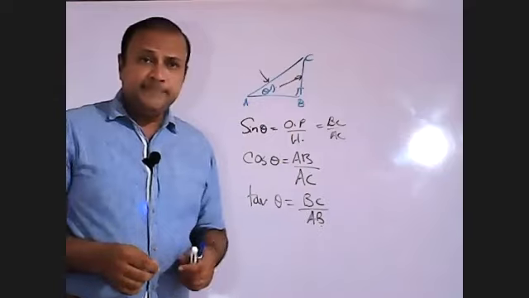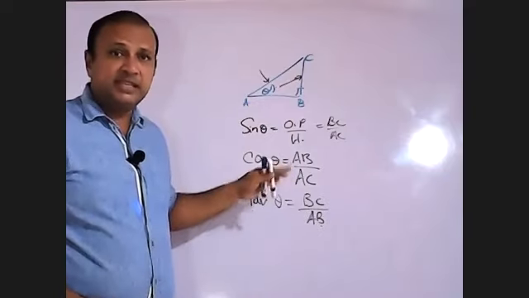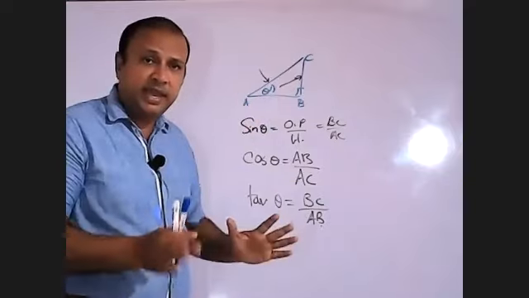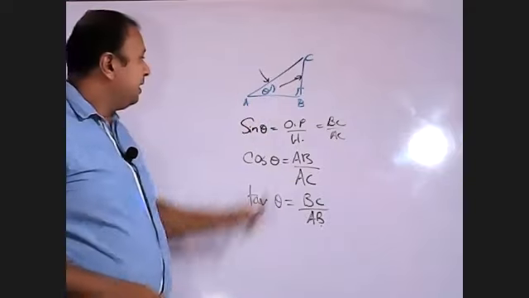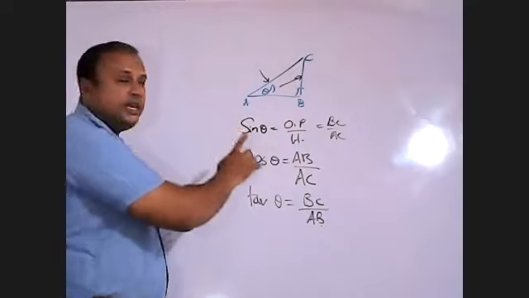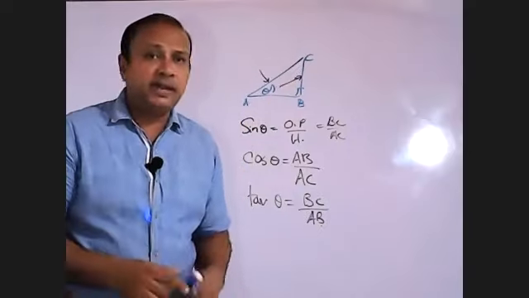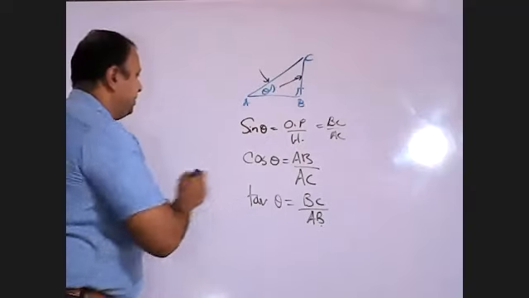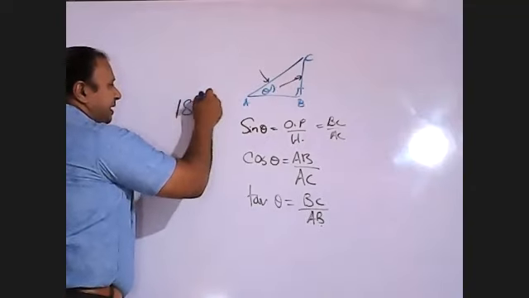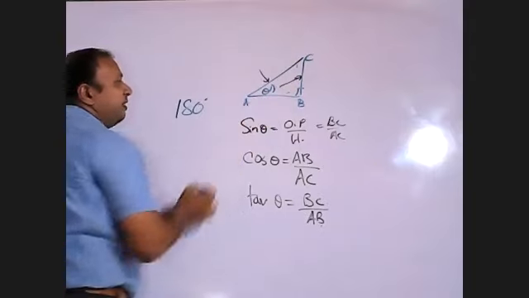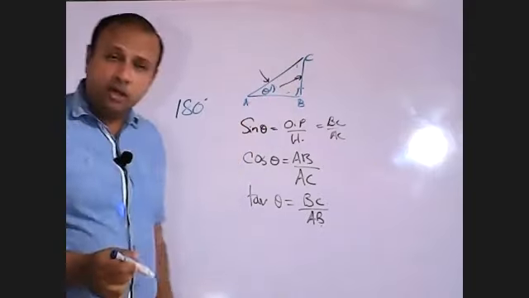But there's a limitation. Because ABC is a triangle, theta cannot exceed 180 degrees, since the sum of these 3 angles is equal to 180.